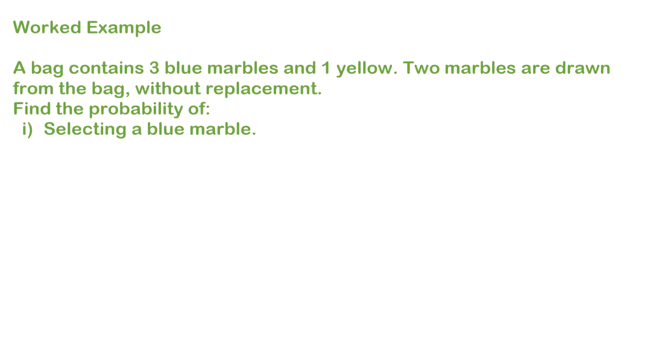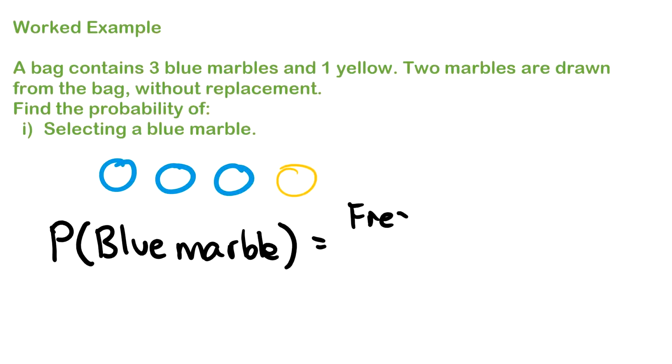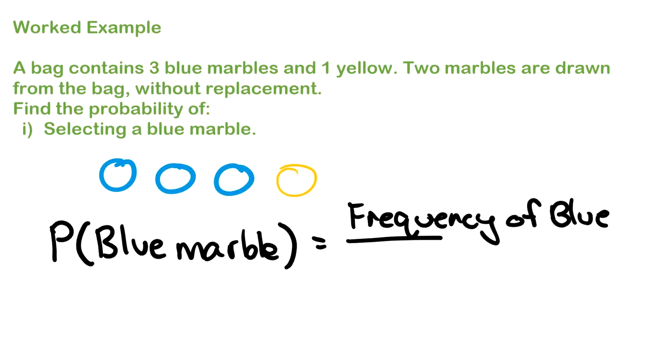To help with this question, I'm going to draw our marbles up here. Remember, when we're dealing with probability, in our case the probability of a blue marble is going to be the frequency of blue divided by our total marbles.